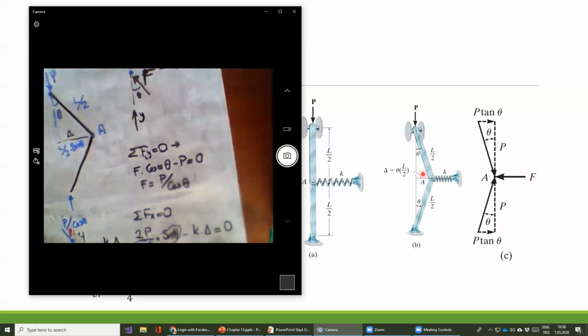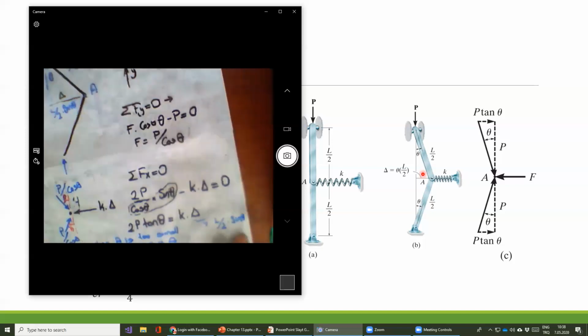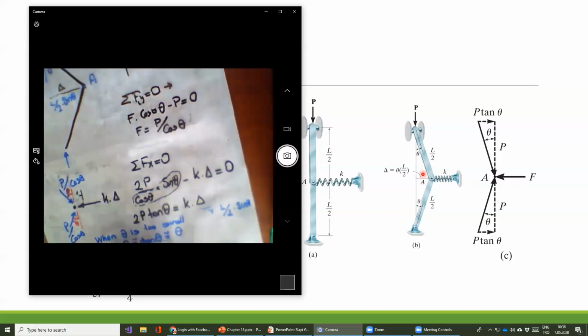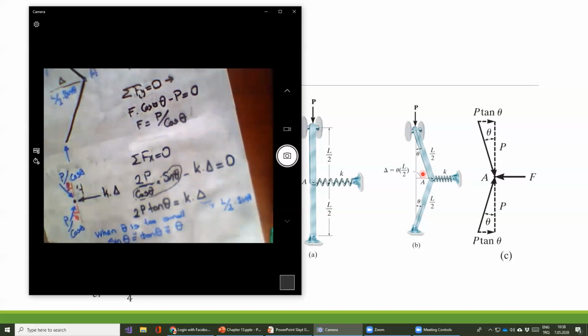So delta is equal to L over 2 times sine theta. Also sine theta is equal to theta. So if I rewrite the equation again by using these transformations, 2P theta is equal to k times L over 2 times theta.